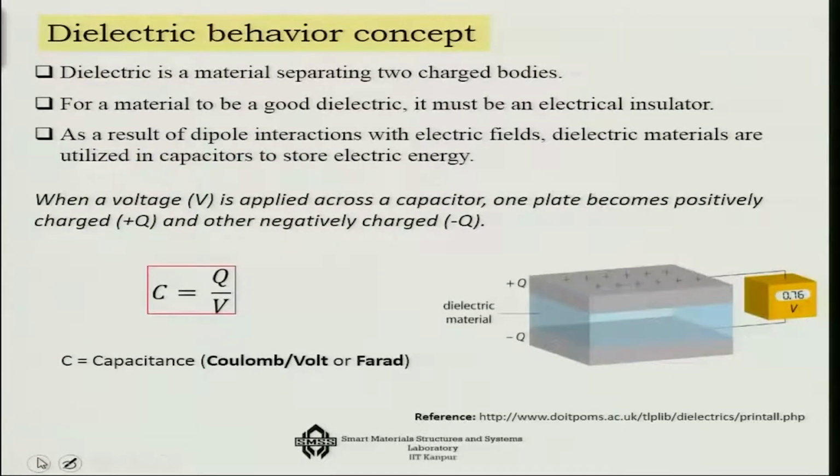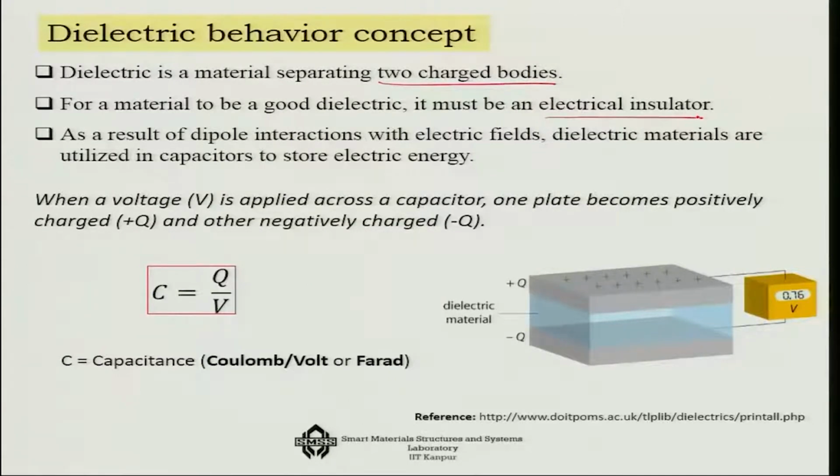Now, first the dielectric behavior concept. A dielectric is generally a material which is used to separate two charged bodies. So, for a material to be a good dielectric, it must be an electrical insulator.